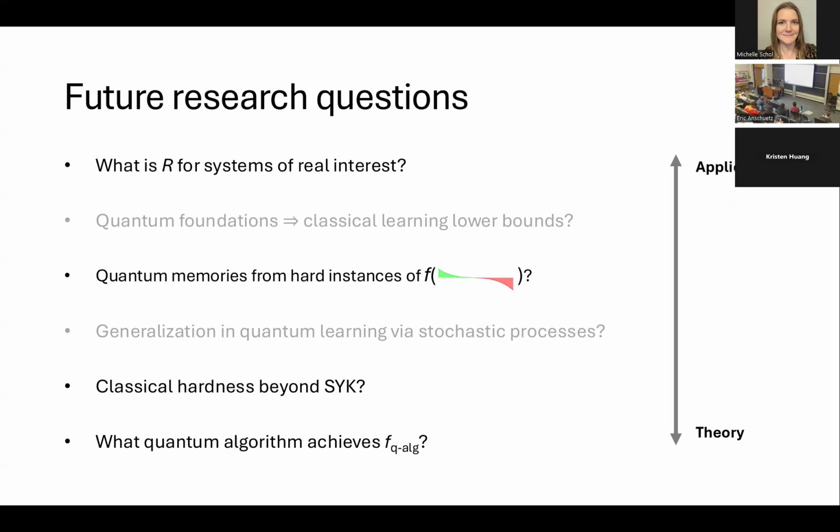It turns out this is related to spin glass physics, which I won't get into. And then finally, trying to come up with quantum algorithms which achieve this optimal approximation ratio. We have a very nice story in classical optimization of what algorithms are the best to use, things like gradient descent and BFGS. Quantumly, we don't really have as nice a picture, so this is a direction I'm interested in pushing toward.